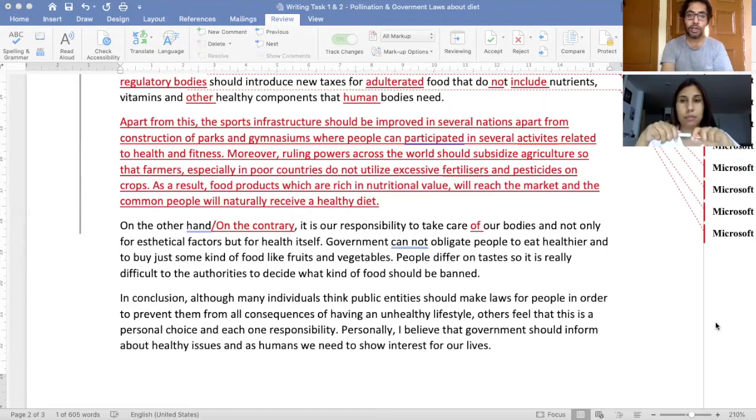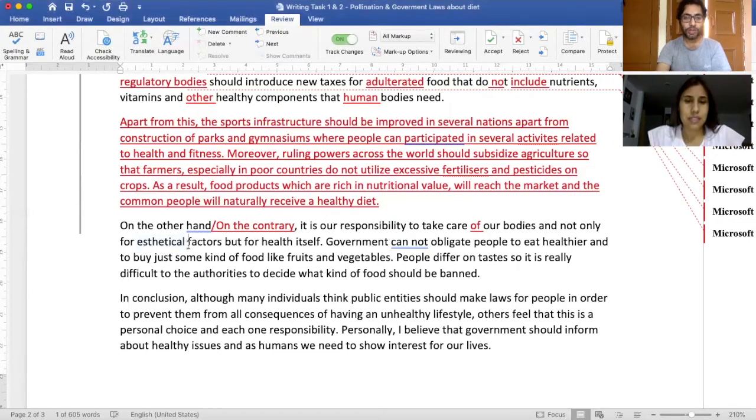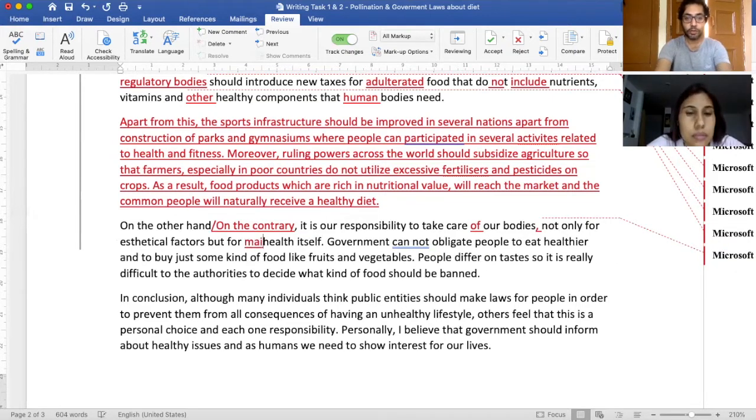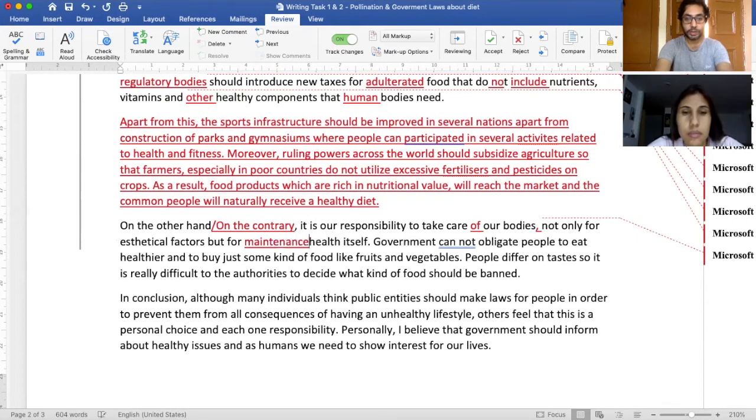It's basically British English, American English. Care of our bodies, not only for maintaining our health, for maintenance of health.